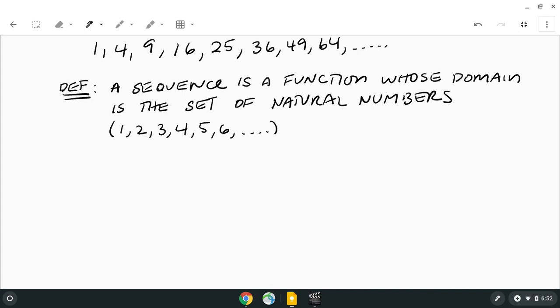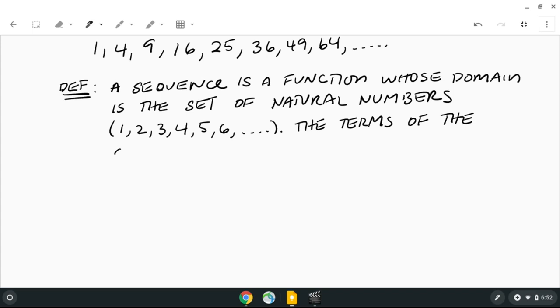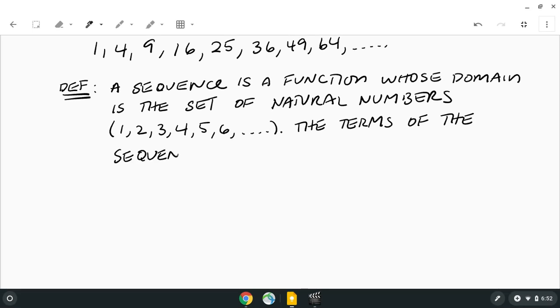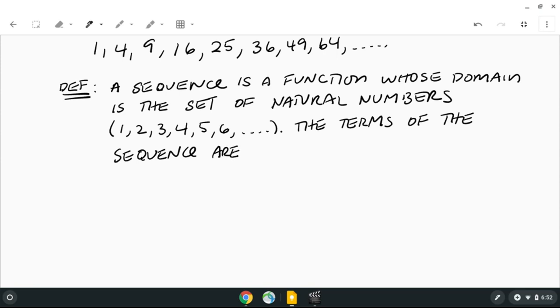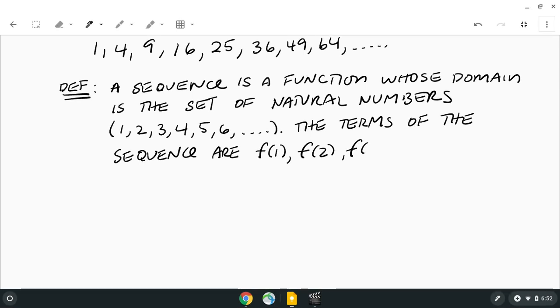And the terms of the sequence are f of 1, f of 2, f of 3.